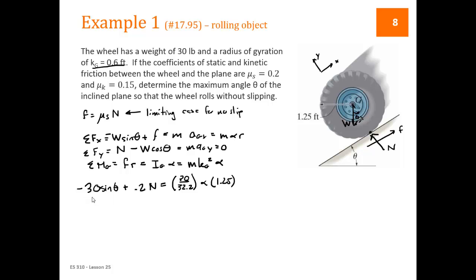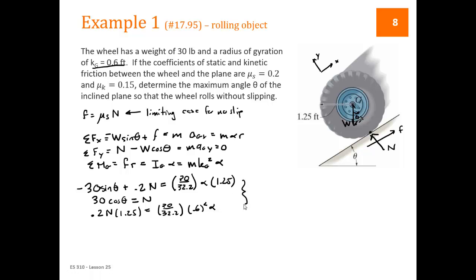Our second equation is going to be 30 times the cosine of theta is equal to the normal force. And then our third equation is going to be 0.2 times N, so that's our friction, times 1.25, which is our r, is equal to the mass, again 30 over 32.2, times 0.6 squared alpha.